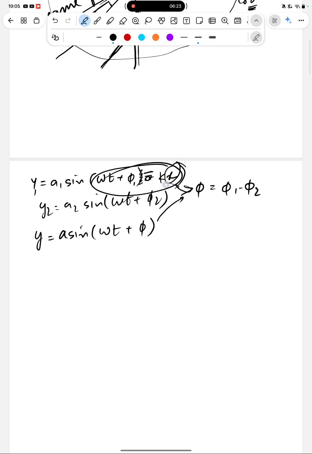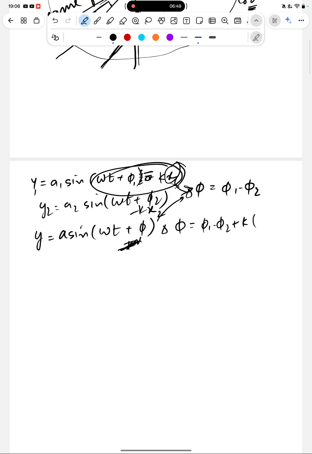So for example, it is minus kx1 minus kx2. So what happened here is the phase difference is phi 1 minus phi 2 plus k. Now k is common. What is k?